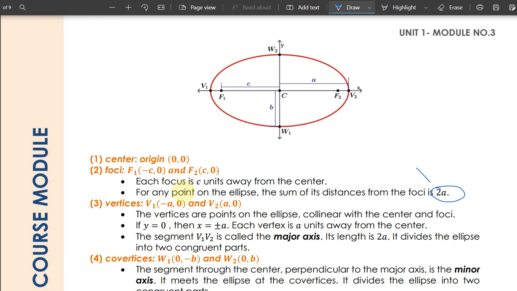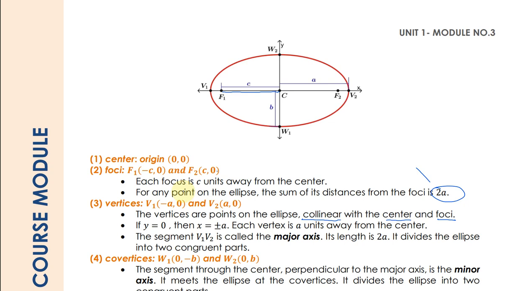So the vertices are points on the ellipse collinear with the center and the foci. Collinear means they are on the same line as our center and our focus. Since our center is here, then our focus is here, the vertices are all on the same line.